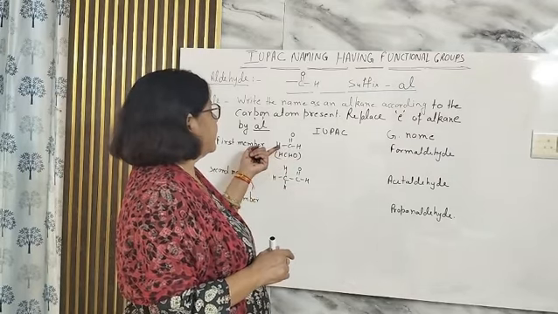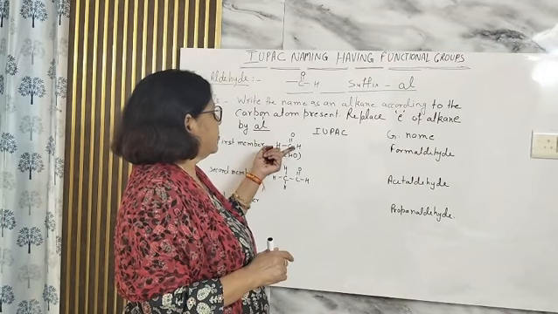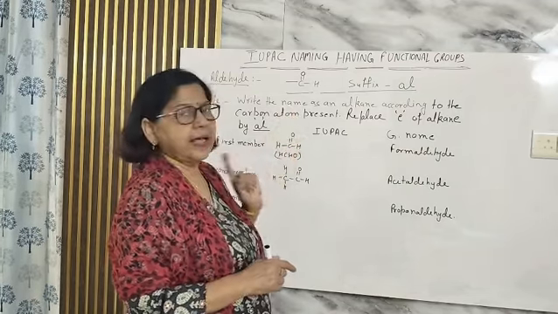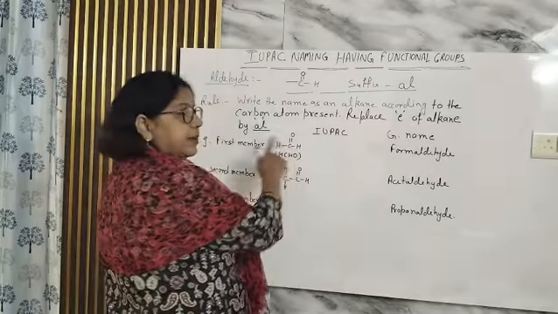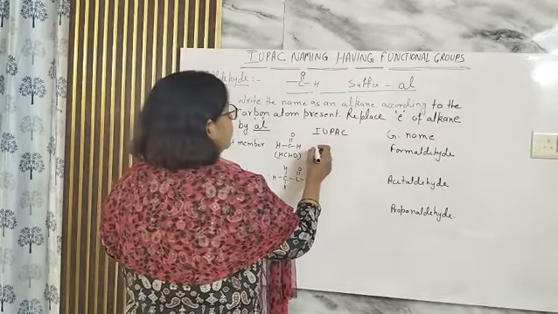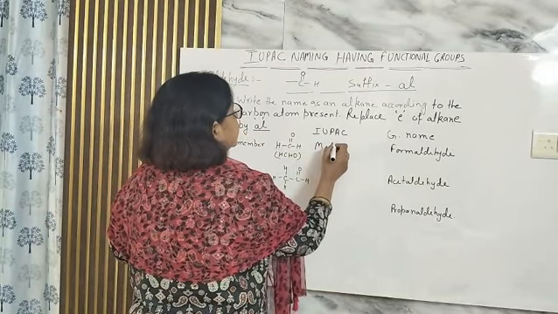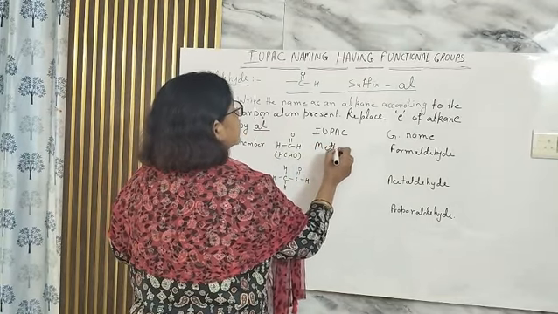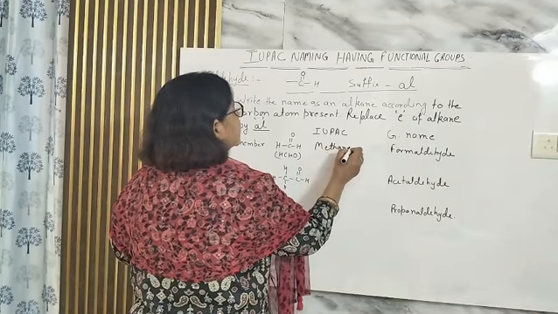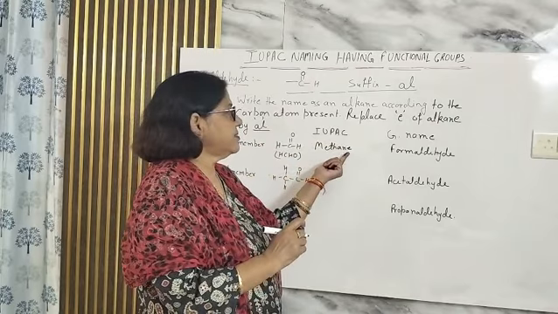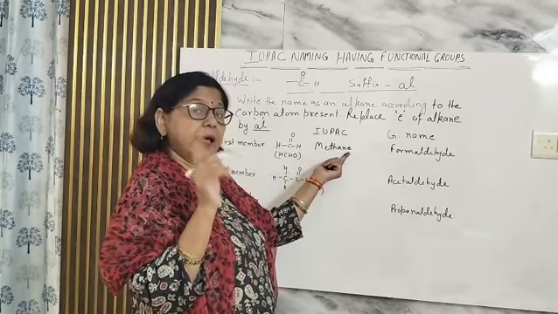How shall we write it down? H-C double bond O-H, right? As I told you, write as an alkane. Only one carbon atom is there. So what will be the alkane by one carbon? It is methane. Fine. Rule says that replace E by AL.